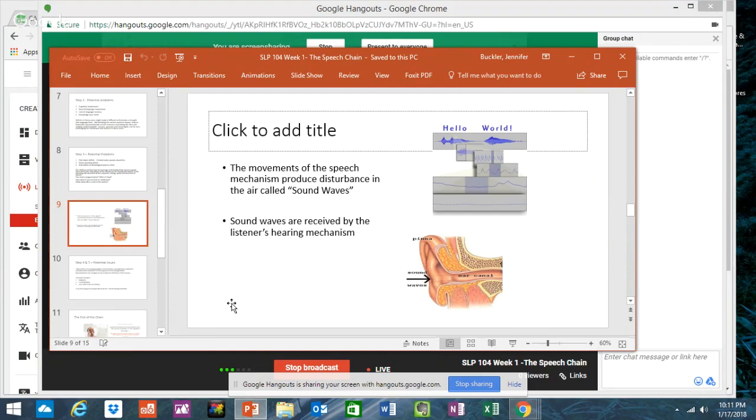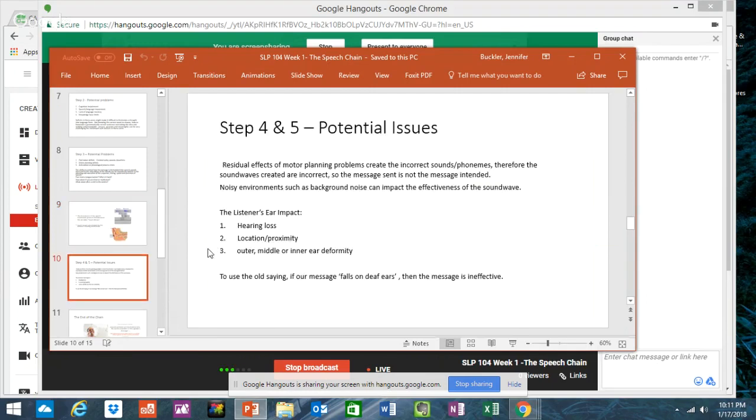Once they arrive at the listener's hearing mechanism, we are relying on the fact that the hearing mechanism of the listener is intact and ready to receive the message. And the sound waves are processed by the hearing mechanism of the listener, which is, again, quite an extensive process, which we'll get into another week.